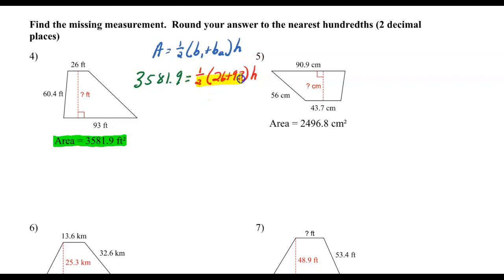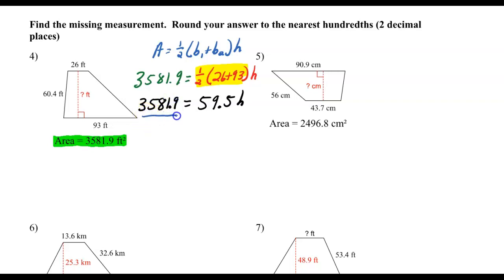Now I'm going to type this number in my calculator. So I'll say 0.5 times parenthesis 26 plus 93. Doing that, I'll get 59.5 h. This equals 3,581.9.